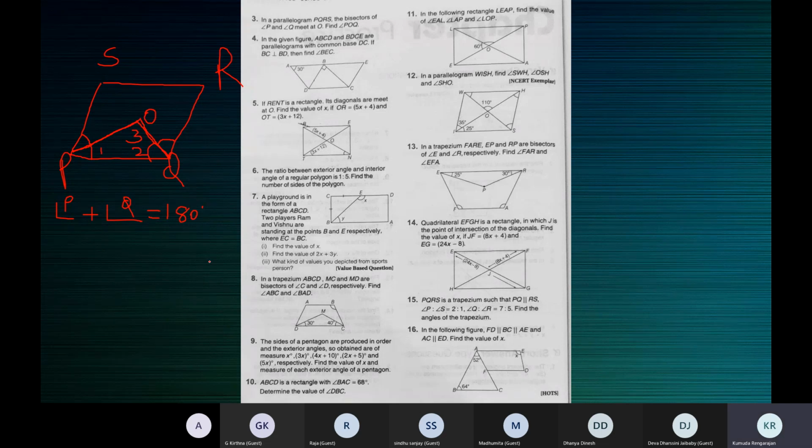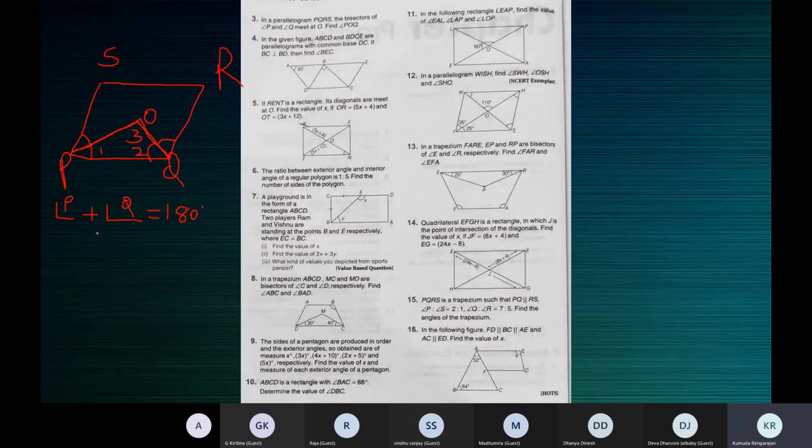Ma'am, angle P plus angle Q is equal to 180 degree because... Okay, anybody else? Adjacent angles are supplementary, ma'am. Adjacent angles are supplementary. In a parallelogram, adjacent angles are supplementary. Angle P plus angle Q is equal to 180.